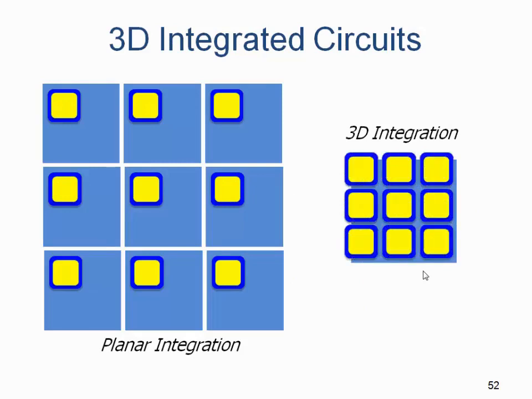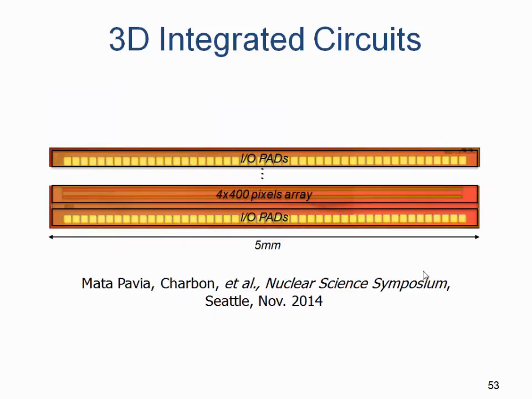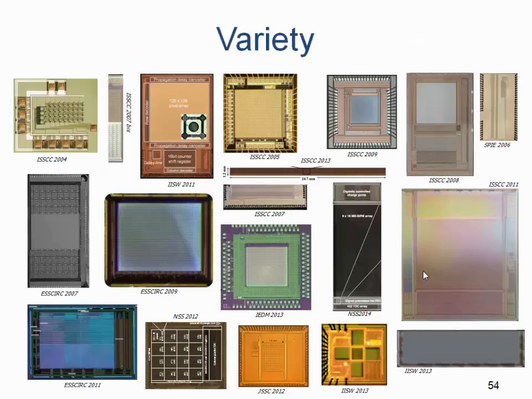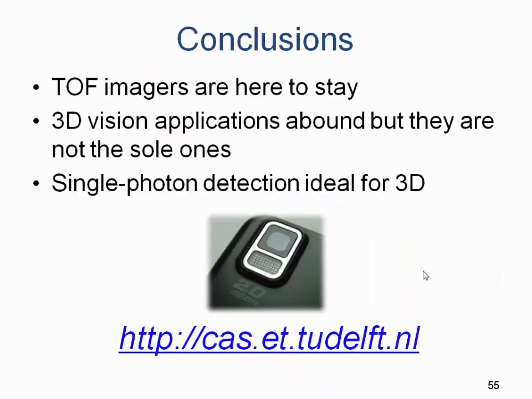Essentially, you're going to get away from planar integration and go to a completely 3D chip for 3D detection. This is an example of a chip that we are going to present in a week, actually. And this is probably the first backside illuminated SPAD in 3D, integrated in 3D with TDCs on the other side. Of course, variety is very important. I think variety is what gives the utilization of 3D time-of-flight-based techniques for the different applications.